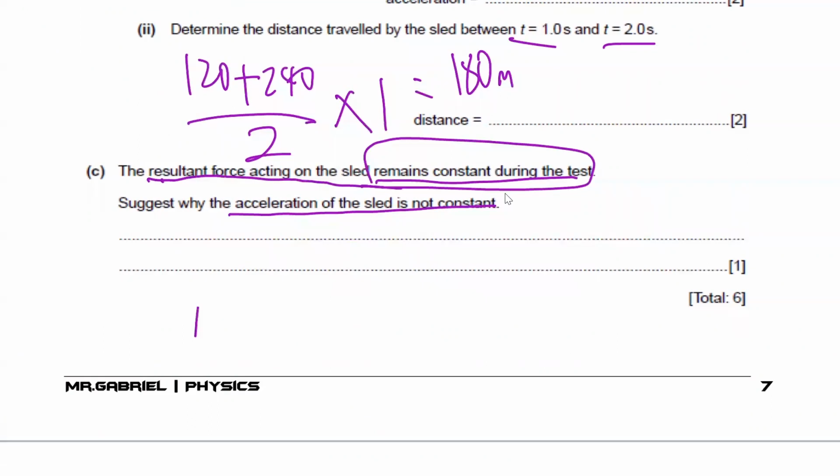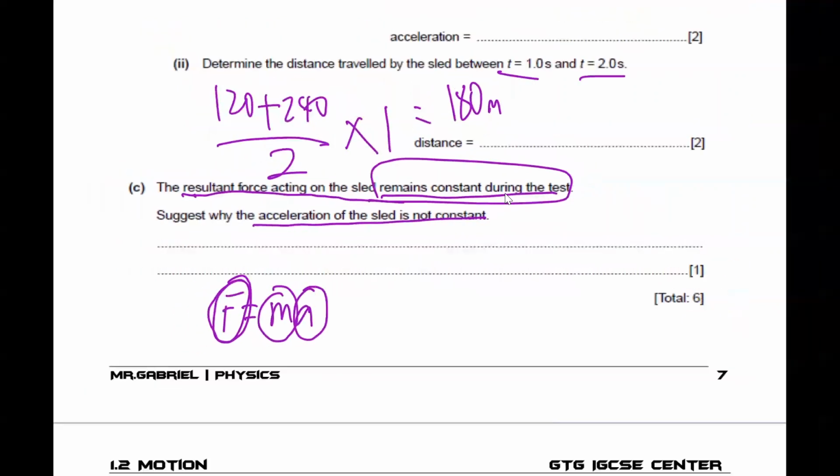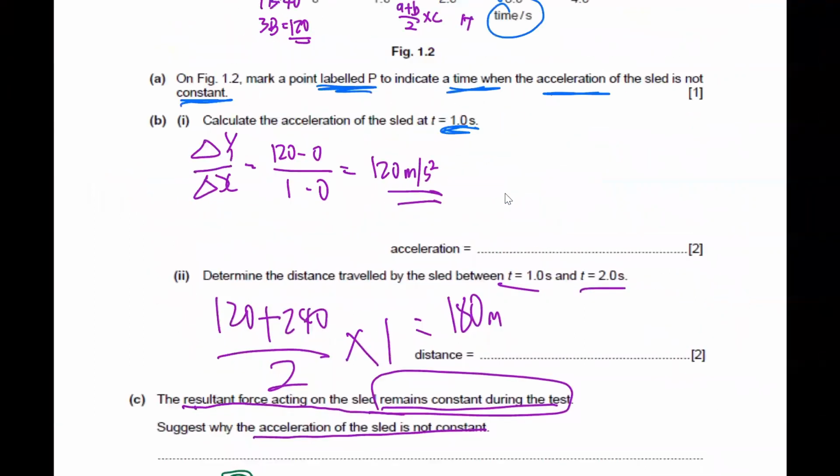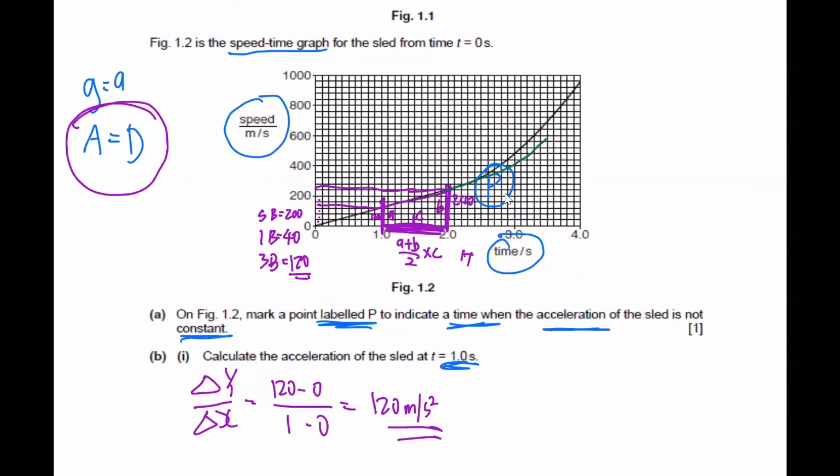By right, if we follow the F equals MA formula, a constant force with a constant mass should give constant acceleration. But here, with a constant force, the acceleration is not constant. And if I look at this graph, the acceleration is increasing or decreasing.